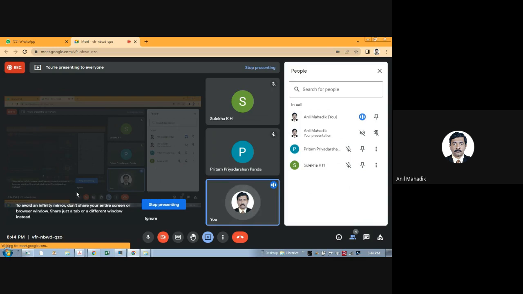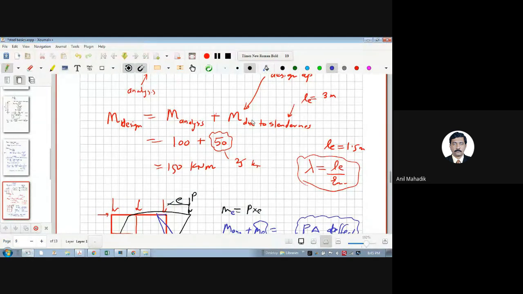And now even start reading on your own also. Slowly please read books or notes, and then you'll understand the way. For example, I have given you this example that we have to add the moment due to slenderness in RCC column design, for long columns.